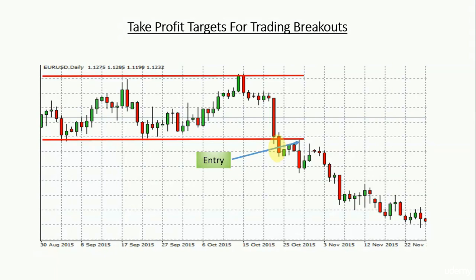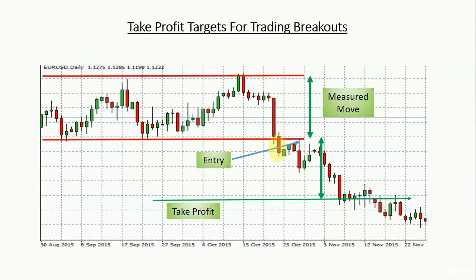In this case, the best profit target would be a measured move equal to the height of the broken trading range. You can then project this measured move below the entry point or the broken support line like this. And your first profit-taking level will be projected just here.